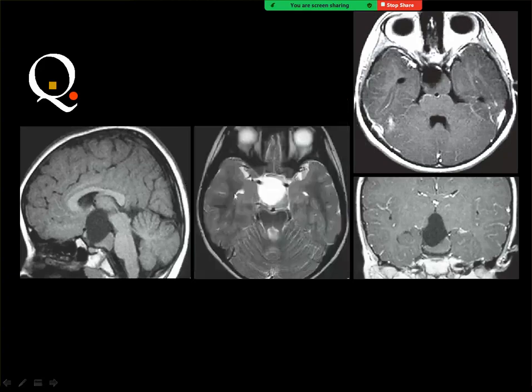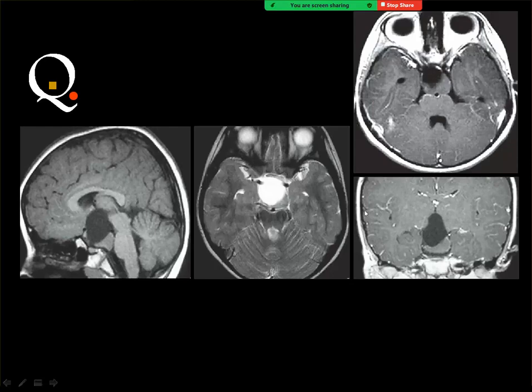Then if you look carefully here, you see a cystic lesion contains fluid which is almost similar to the CSF in all sequences, and this is suprasellar arachnoid cyst. The second lesion is this one, and this one is located posterior to the arachnoid cyst, and it does not enhance with contrast material.